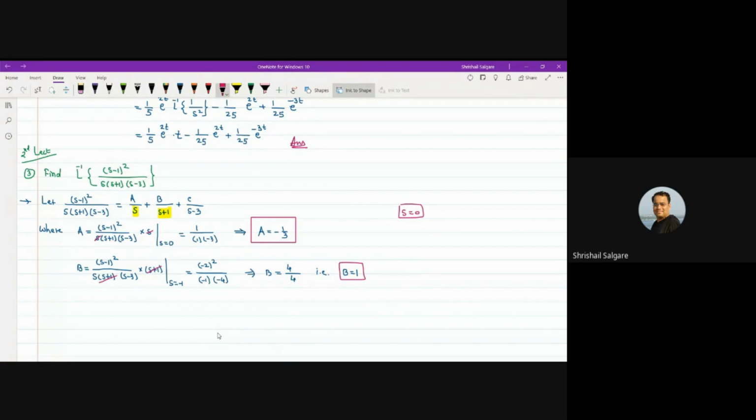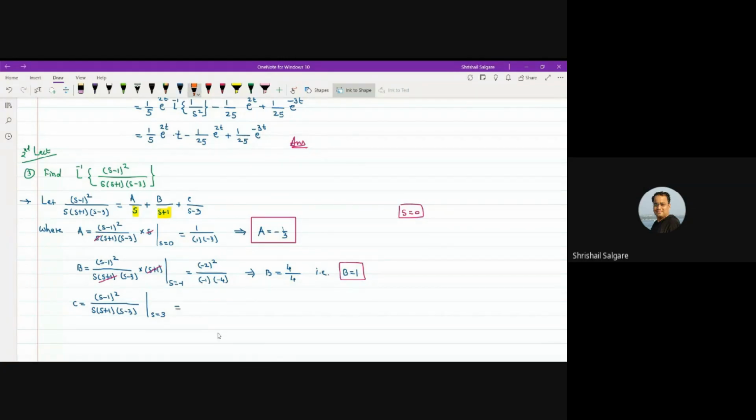Now in the same manner, for c, c is given by (s minus 1) whole square divided by s into (s plus 1) into (s minus 3), and the value of this function at s equal to 3.